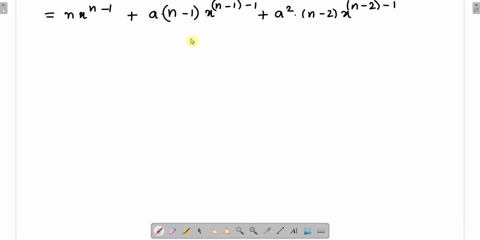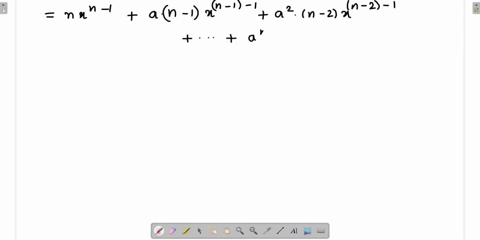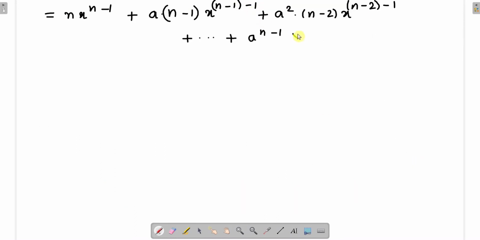Okay, have you understood this? Okay, then and so on, plus a raised to n minus 1 derivative of x, you know it directly, that is 1. Okay, then plus 0, so no need to write that. Okay, so you will get this.